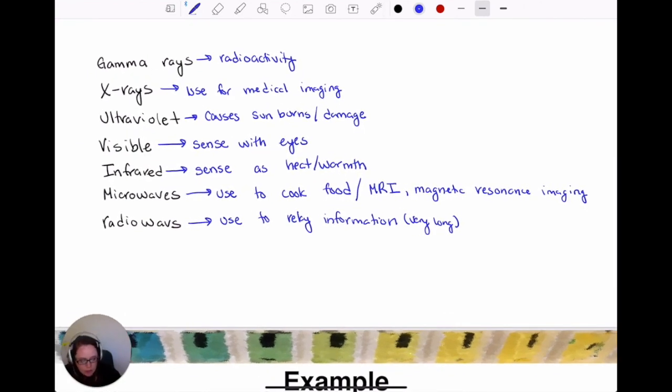Okay. So here in this list, our wavelength is increasing going down, and the frequency is increasing going up.